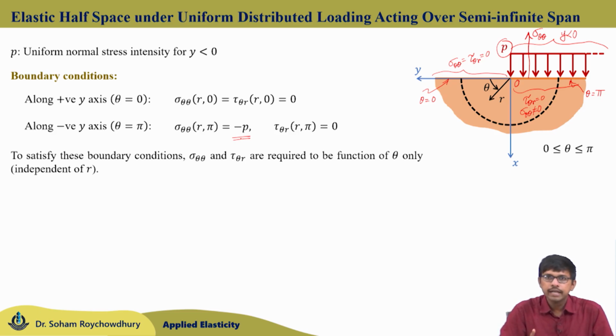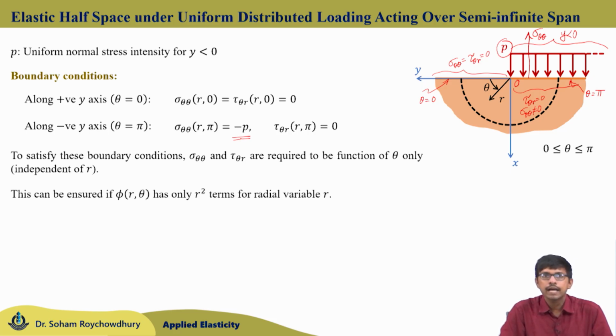As we want the stress components to be independent of r for such polar coordinate problems, we can have the stress function phi proportional to r square. If phi is proportional to r square, then only the sigma ij components would be independent of r.